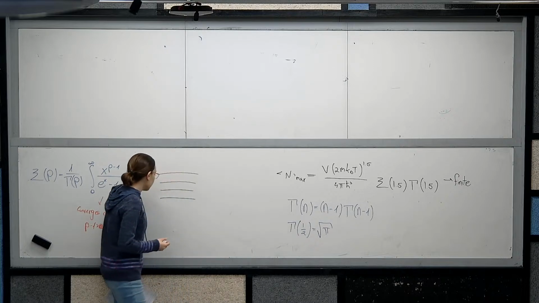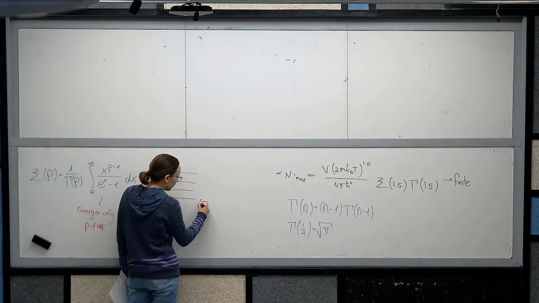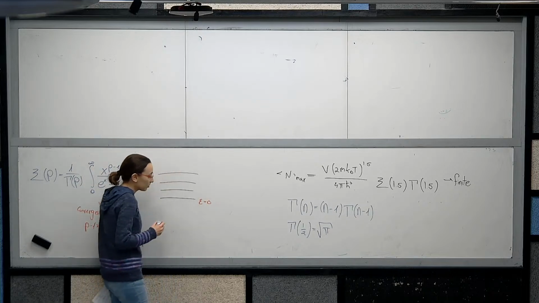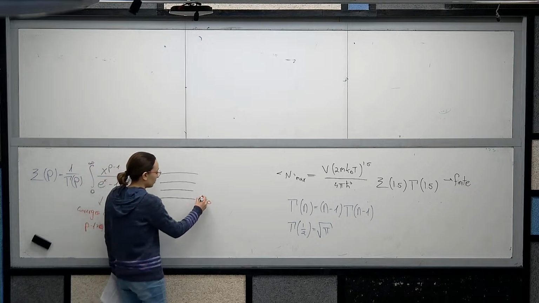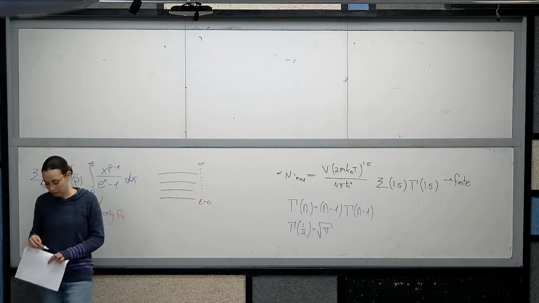Okay, so now our system, we have energy levels from epsilon equals 0 going up to infinity.